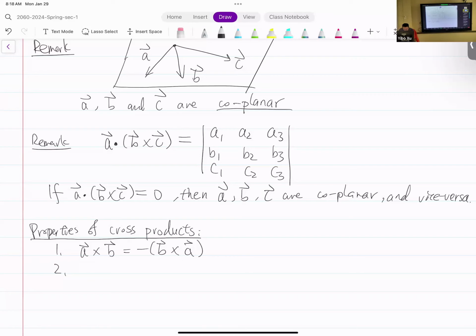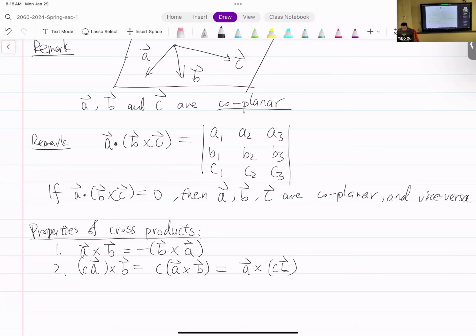So if you have a scalar multiplication, let's say the scalar C multiplied with A, and you do the cross with B. When we were having a dot product in the previous section, we said that this scalar C is associative, right? So indeed, that's true for the cross product. You can do the cross between A and B first, and then multiply by that scalar C, or you can just multiply the scalar C with the vector B instead.